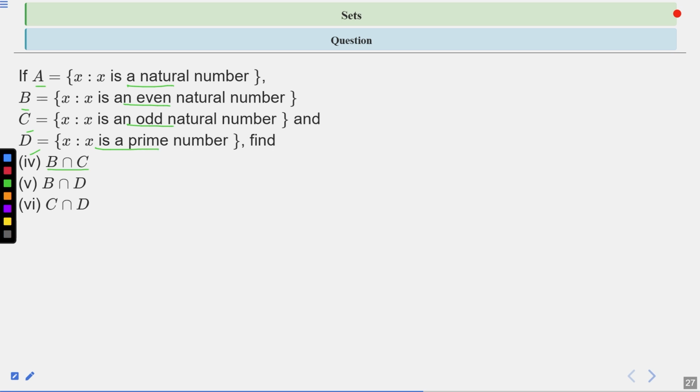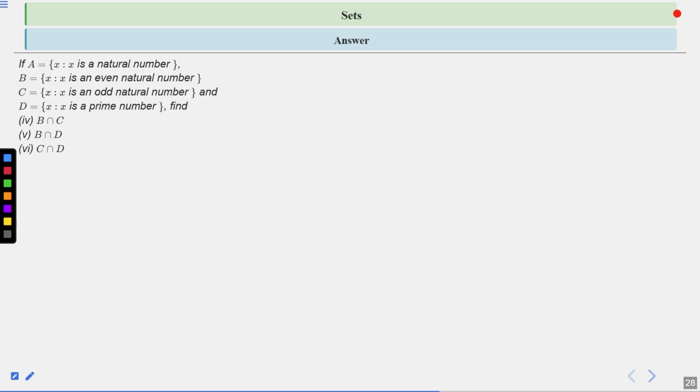Find out B intersection C, B intersection D, and C intersection D. You'll have some seconds to try this problem, then afterwards we will move on to the solution slide. So your time starts now. The time is up.